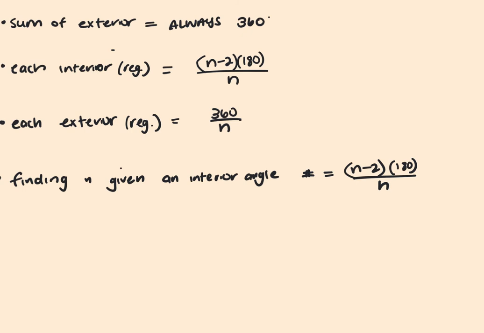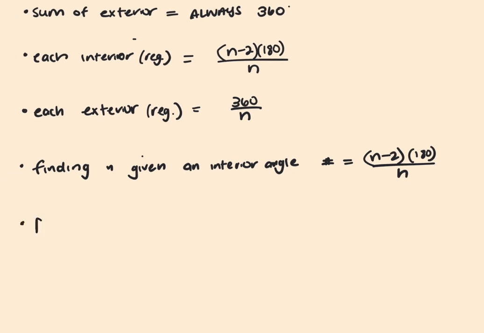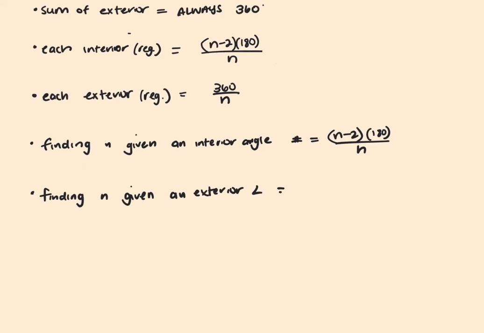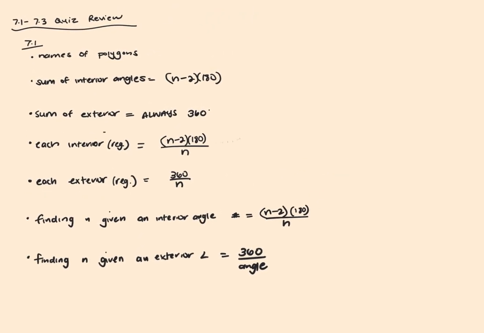And finding n given an exterior angle, you do 360 divided by the angle. Is that all for 7-1?